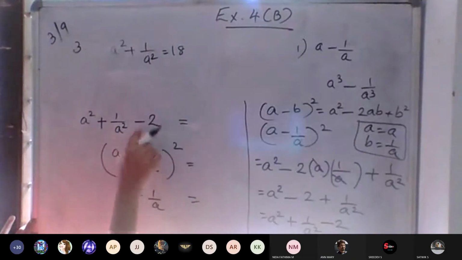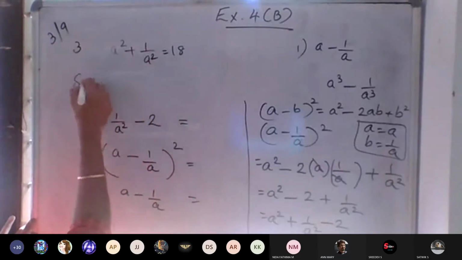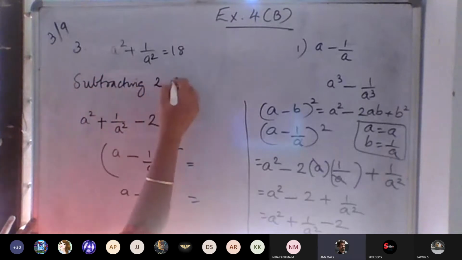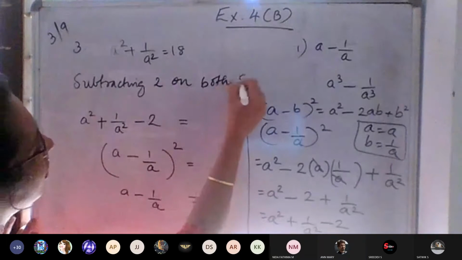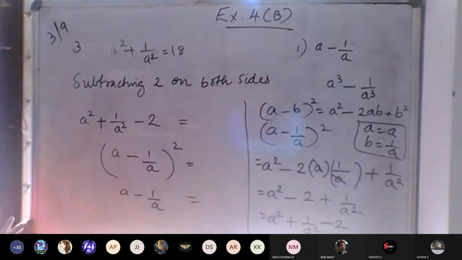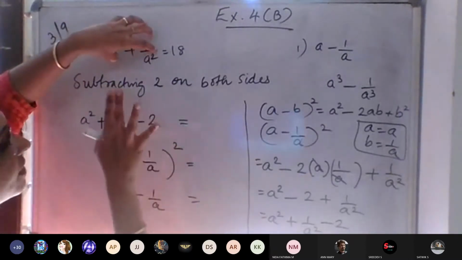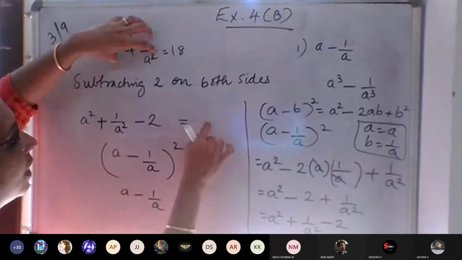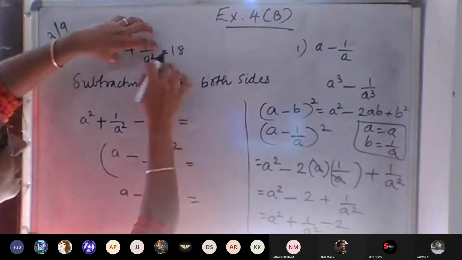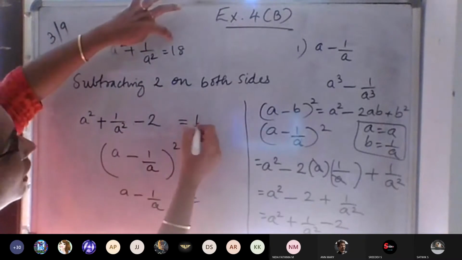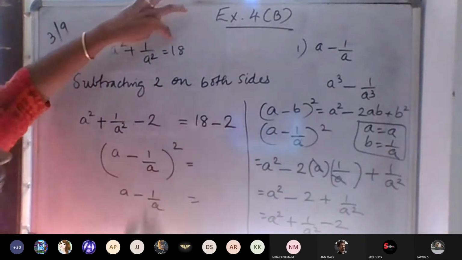So in this question, subtracting 2 on both sides: left side subtracting 2 means minus 2. That same thing we have to do on the right side also. Our question, a square plus 1 by a square minus 2 that we have done, is equal to 18 minus 2.